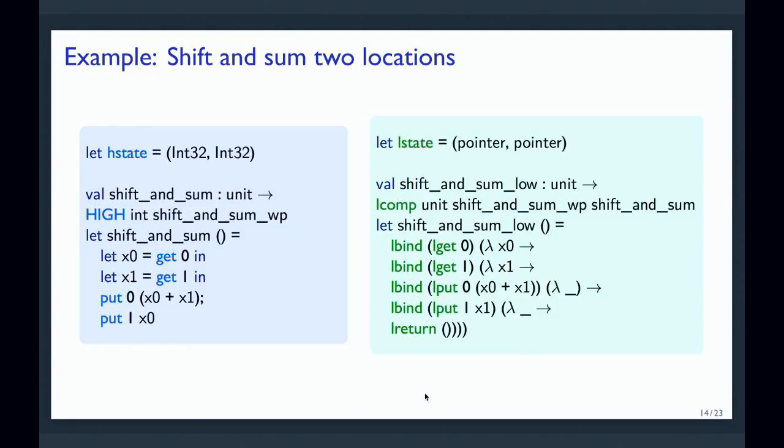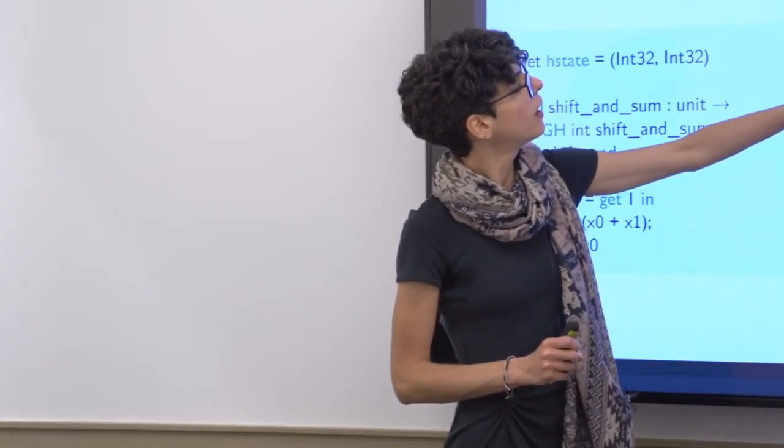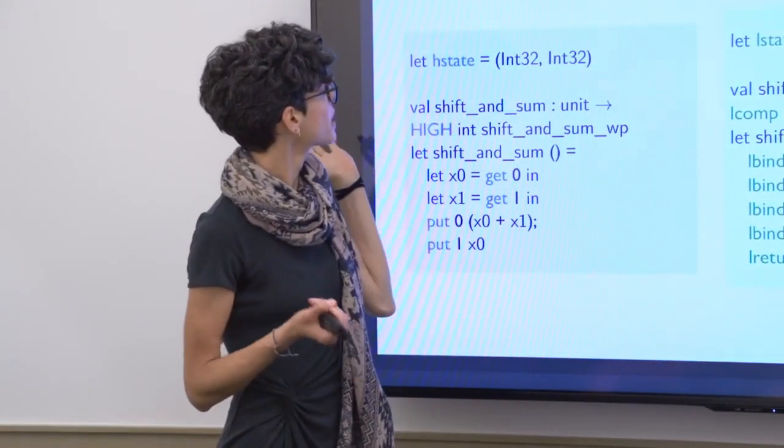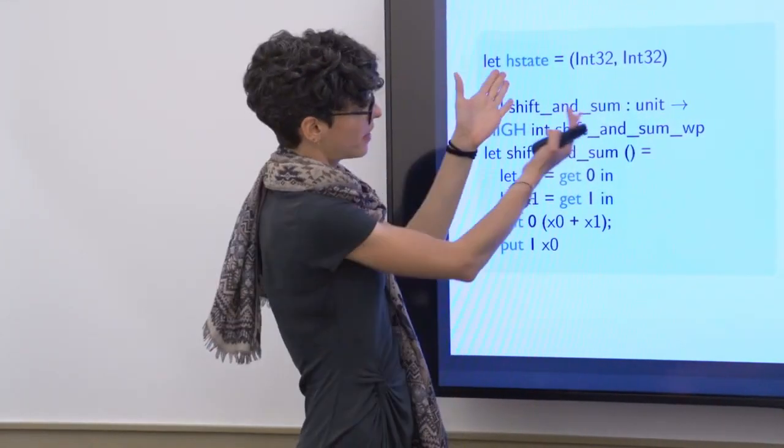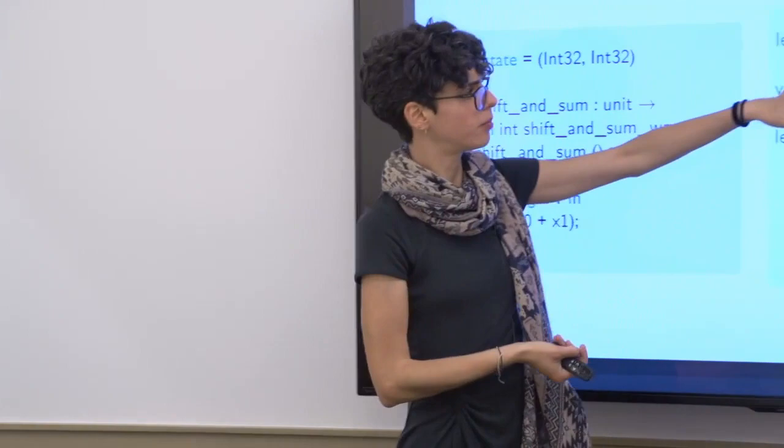And we can write shift and sum in this low-level code style. So this is what we've seen before, and this is the corresponding low-level code. Now, instead of having just a pair of integers for the state, we have two pointers.